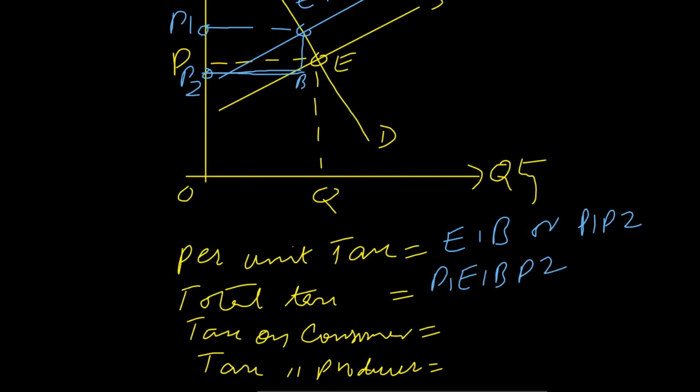Out of this tax, consumers will pay this much, which is above the initial equilibrium price, and producers will pay this much, which is below the initial equilibrium price.